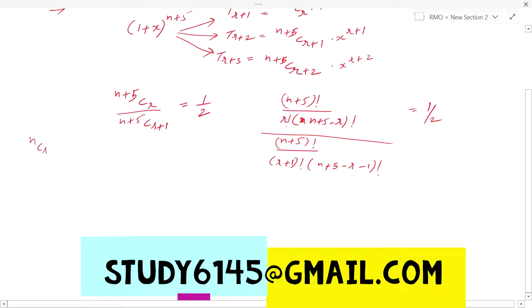NCR is equal to n factorial by r factorial into n minus r factorial.